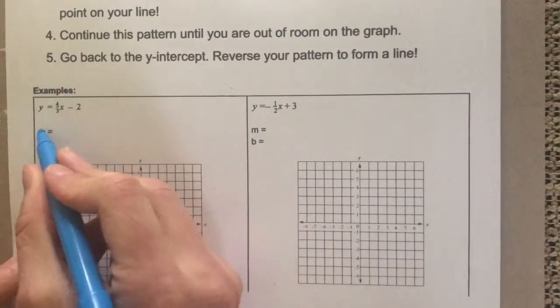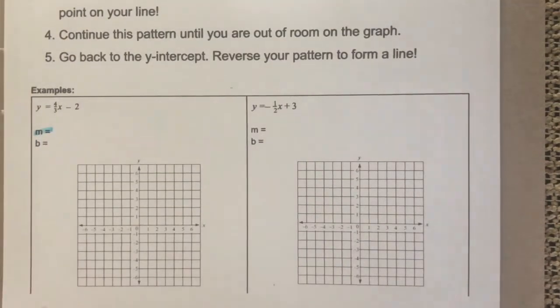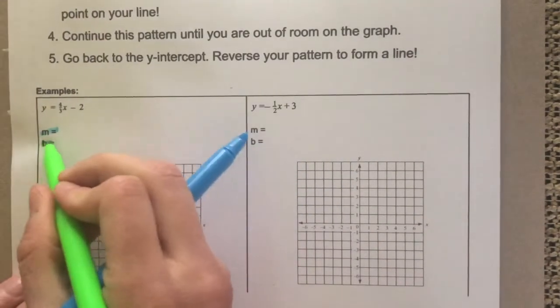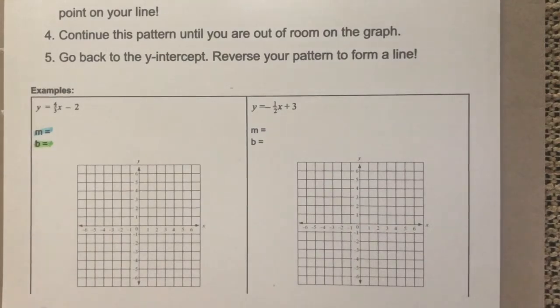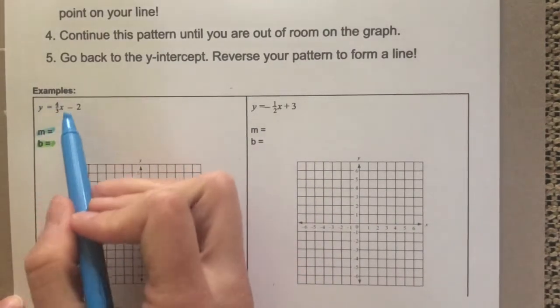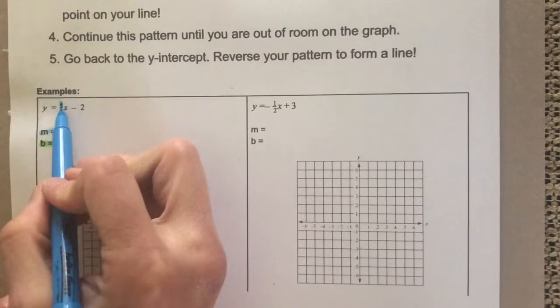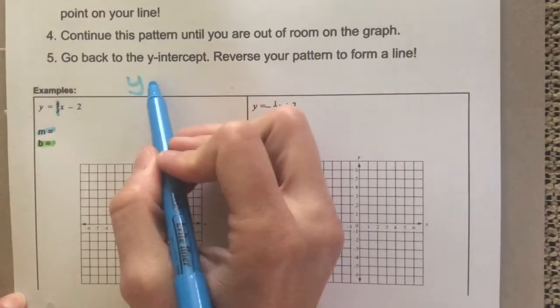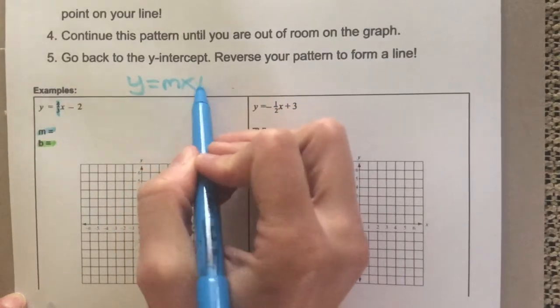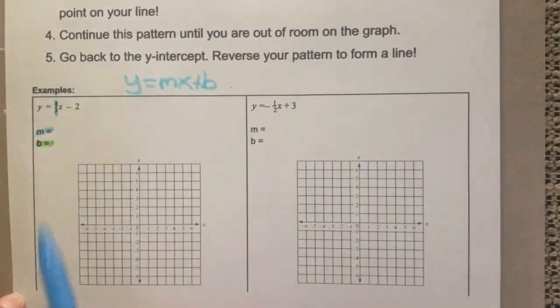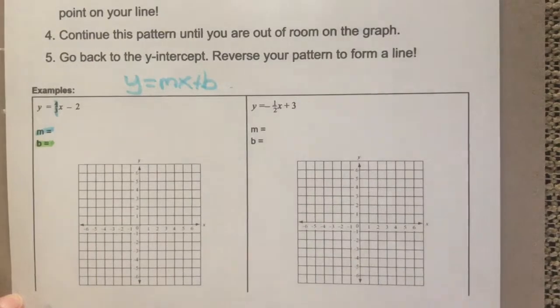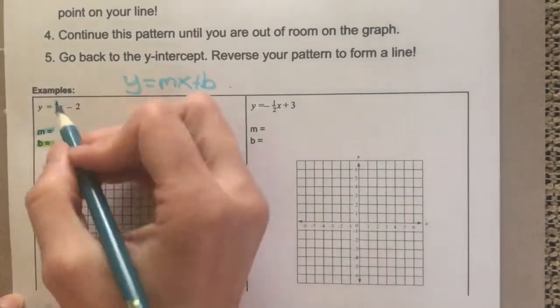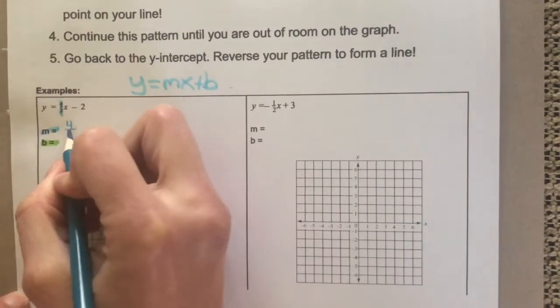So I'm going to use blue for m, which is my slope, and green for my y-intercepts. When I look at my equation written in slope-intercept form, 4/3 is what's in my m spot, if my equation was y = mx + b. Since m is right next to x, my slope of my line is going to be 4/3.